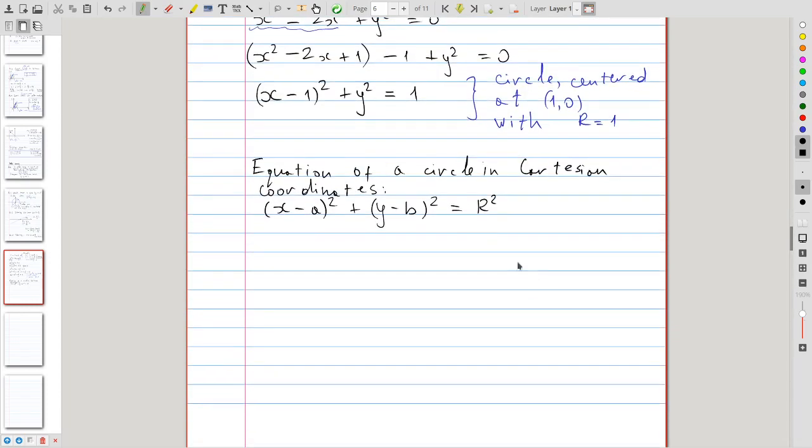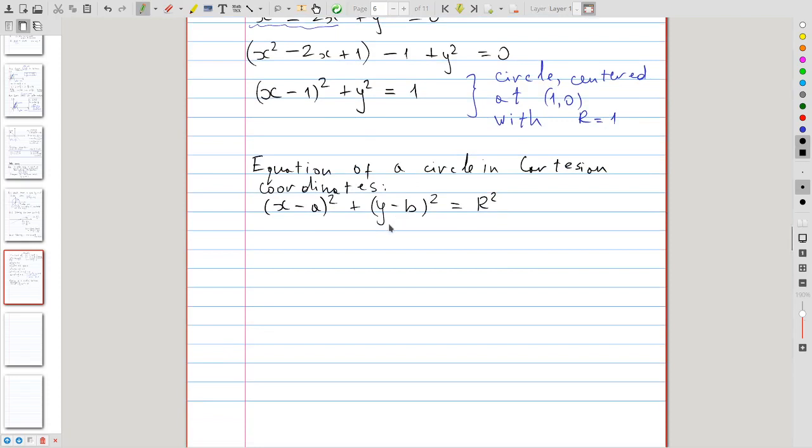And so equating the corresponding coefficients, here we have that a is equal to 1, b is equal to 0, and r is equal to 1. And so this corresponds to a circle of radius r with center at a, b.